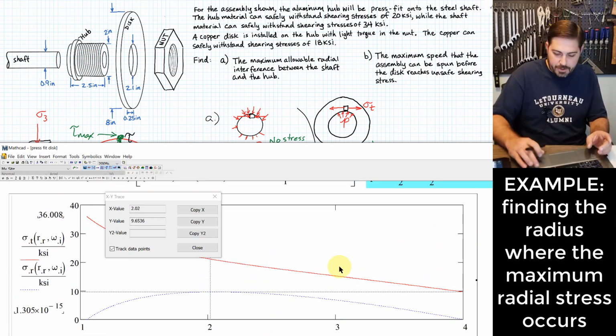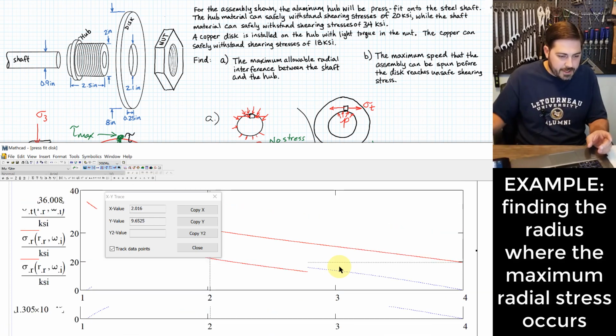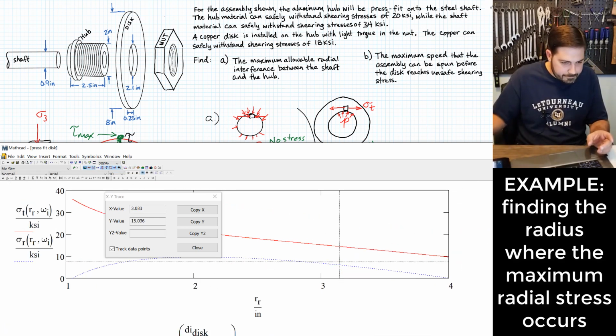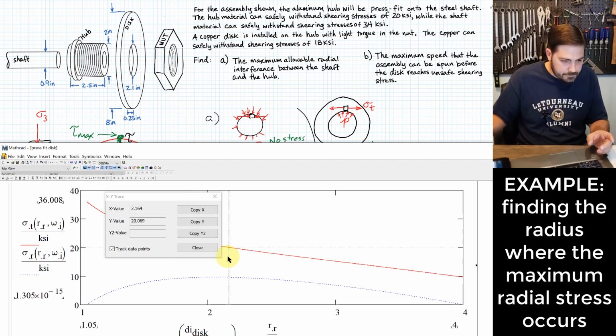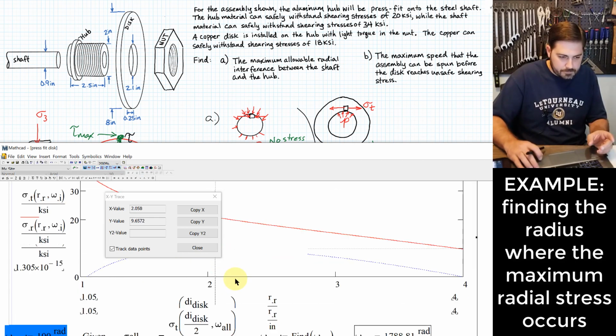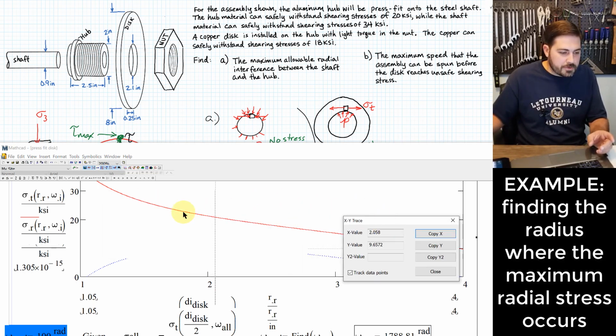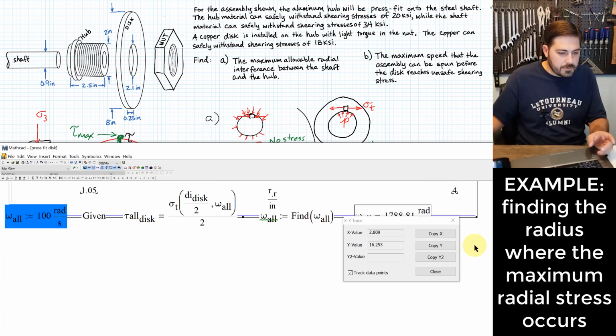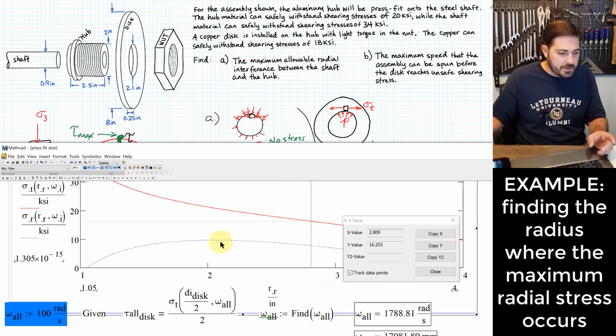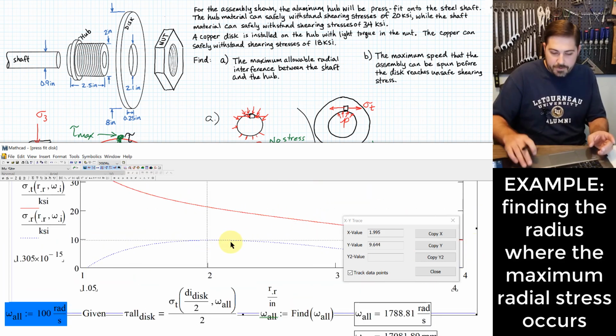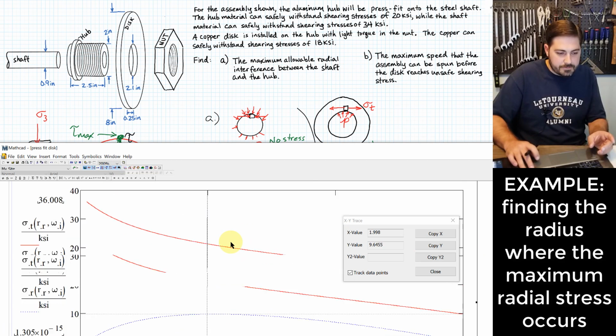Sometimes it looks a little odd when we do that, but the point is, when we trace along this curve, it does have the ability to report what the values are that it traces to. You see the values changing over here even though the picture is going all crazy.